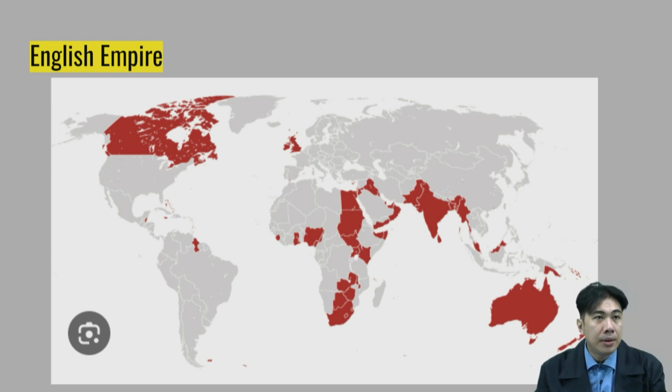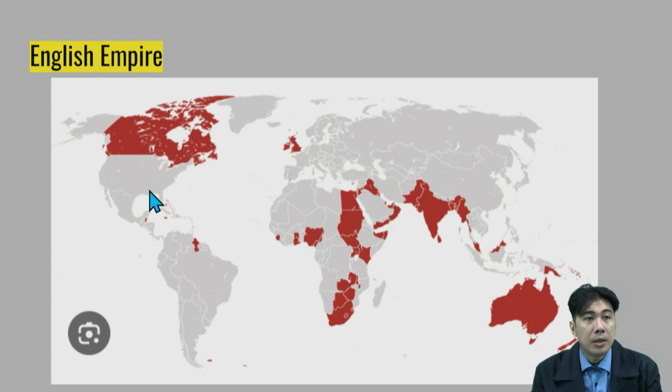As a reminder, this is how big the British Empire is. At some point, it even had parts of the US, but this is when the US was already independent from the UK. Again, big parts of Africa. This is Nigeria over here, an English-speaking country.